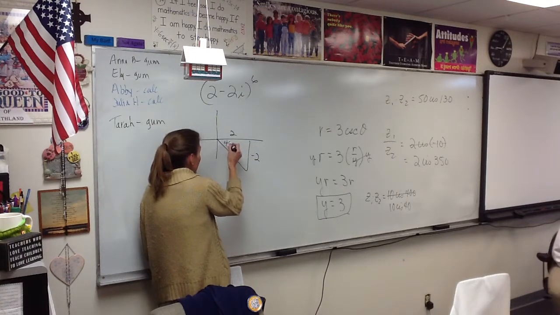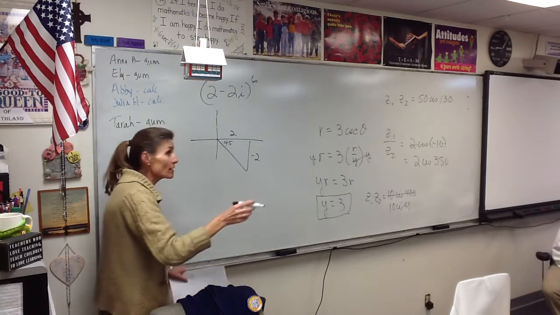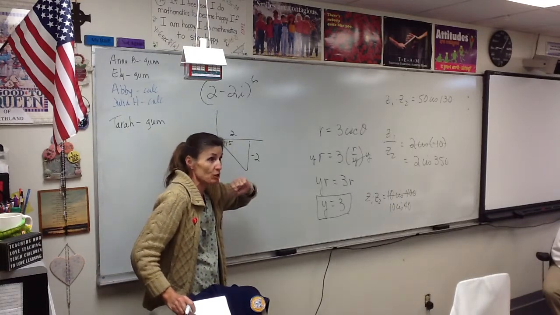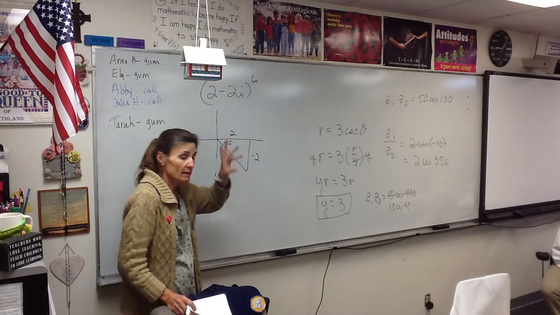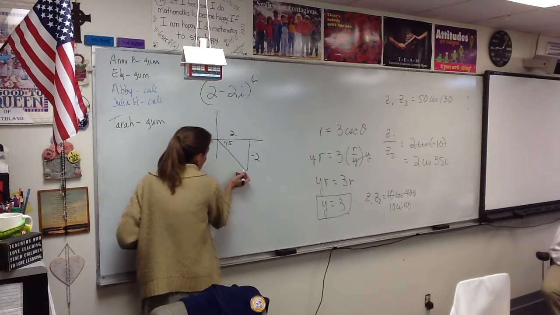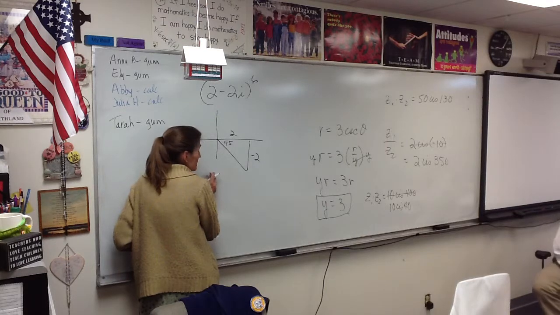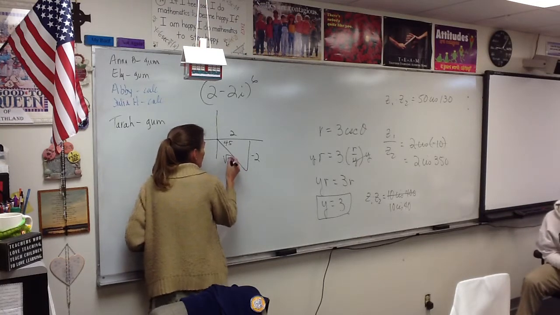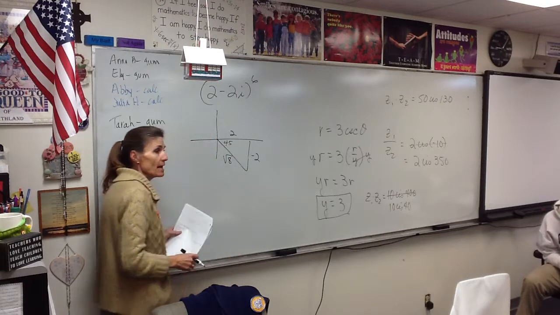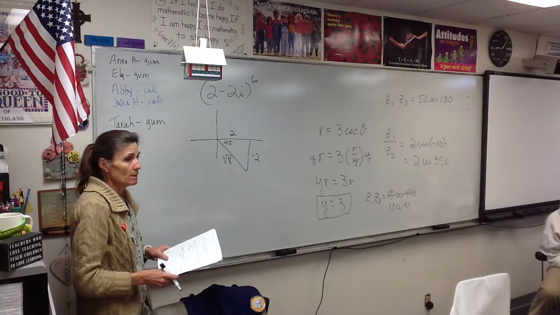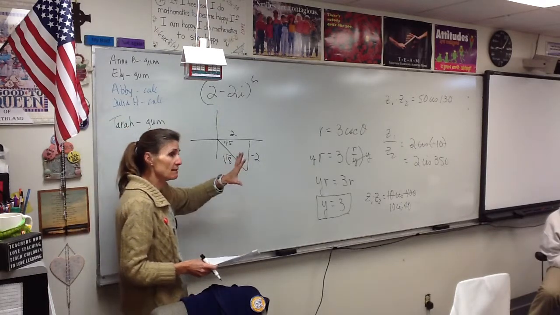It's a 45. Now, you're going to have your calculator, so you could certainly type it in on your calculator, second tangent. But it is 45. What's my radius? It's not 4. It's 2 root 2, or the square root of 8. Now this isn't the answer, so I'm going to leave it root 8.